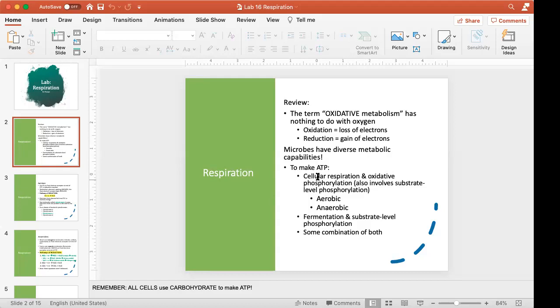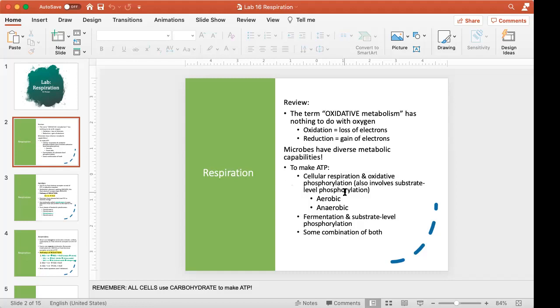That's the bulk of cellular respiration. Oxidative phosphorylation then follows when the proton gradient is made, when it flows back through ATP synthase, and ATP gets built. So one follows the other.